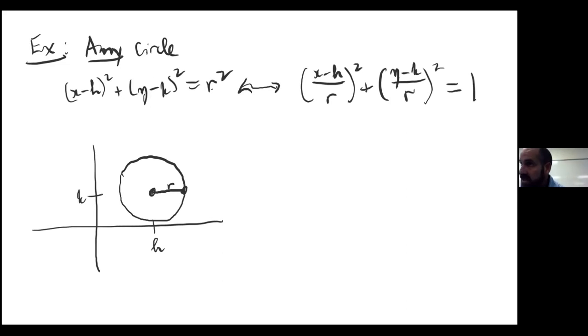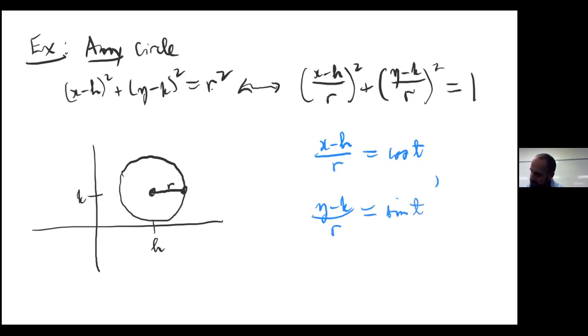So set x minus h over r, if you set that equal to cosine of t, and y minus k over r equal to sine of t, what do you think I would let t run between, Daniel?